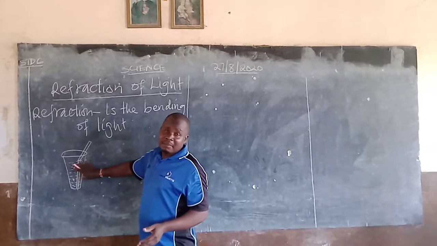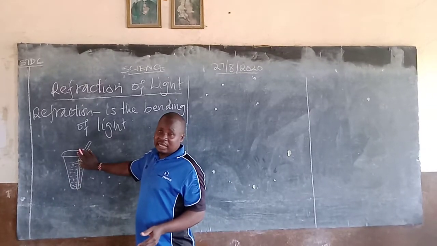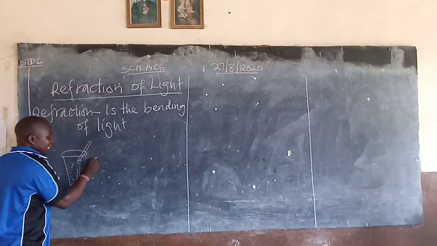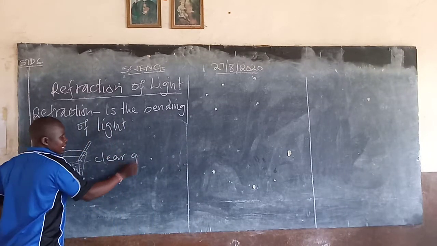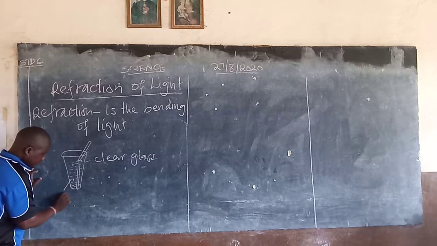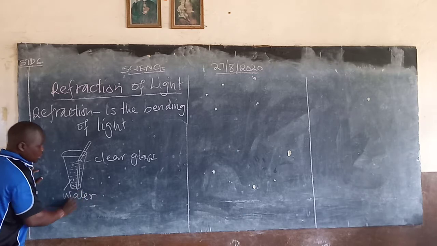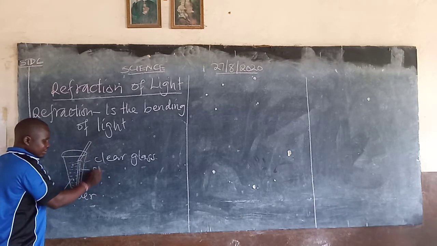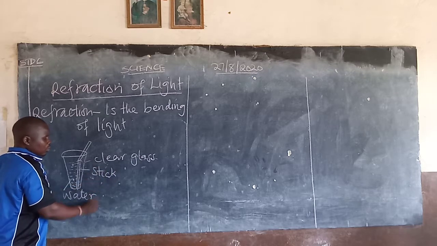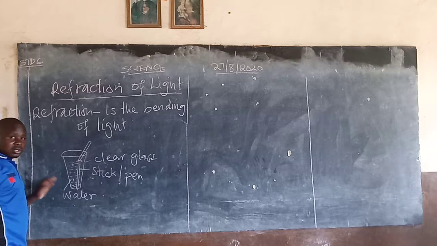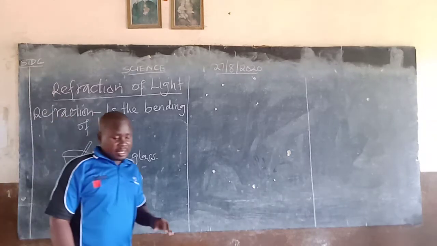And remember, this is a clear glass, and this one is water. Then we have our stick here. We can have a stick or a pen or a pencil. So it appears to be bent.